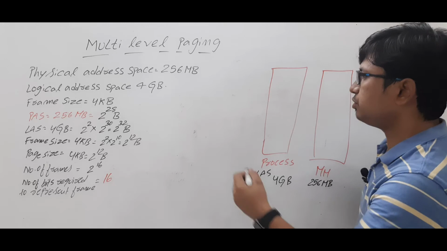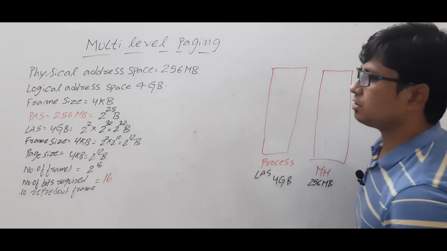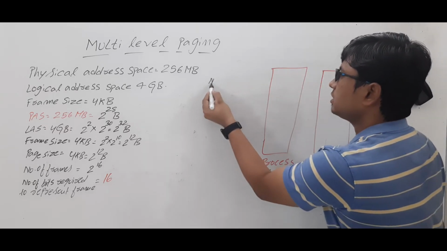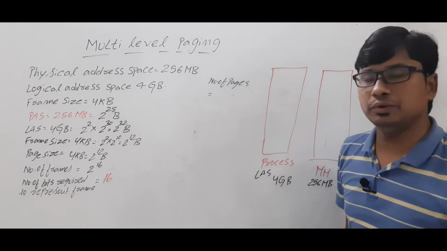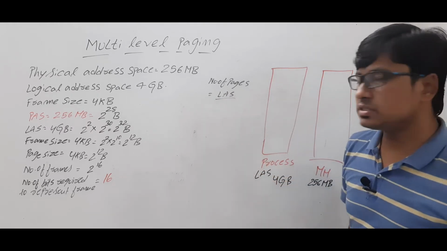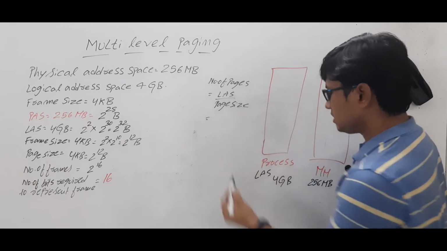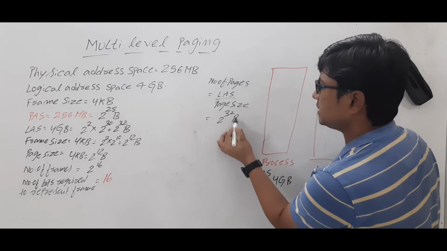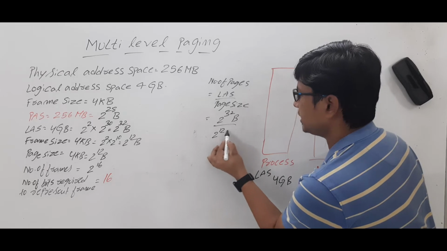So if you have a 4 GB logical address space and the page size is 4 KB, then we can find the number of pages. Number of pages is equal to logical address space, or the process size, divided by page size. The logical address space is 4 GB, which is 2 power 32 bytes, divided by page size 4 KB, which is 2 power 12 bytes.